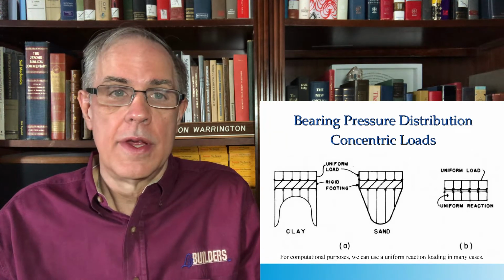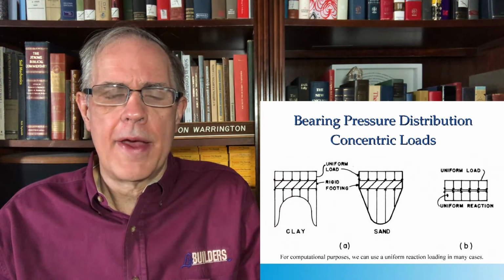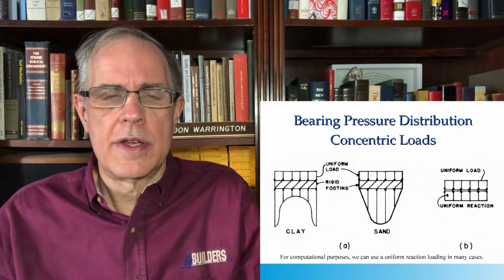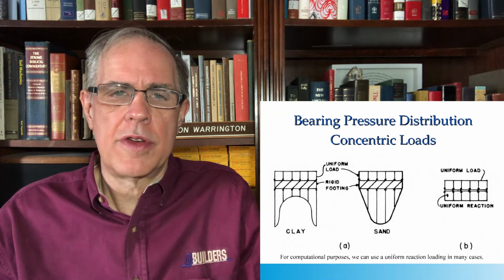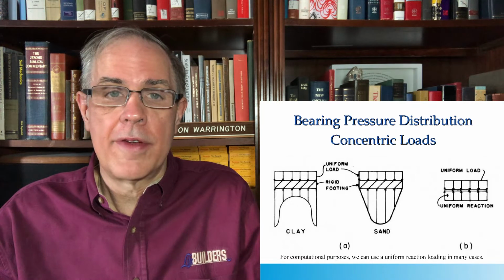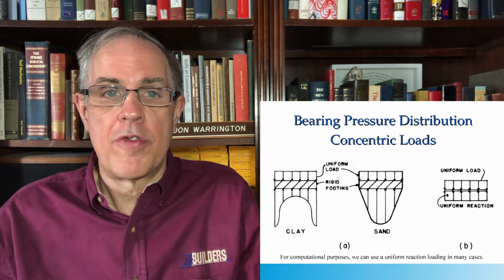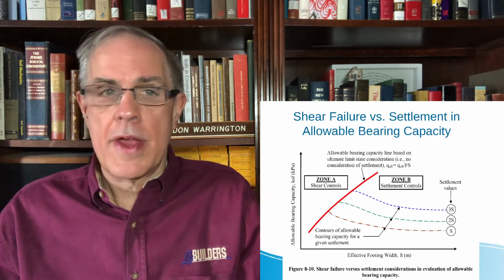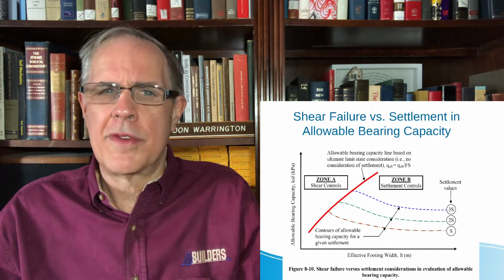That's the ideal case. And we talked a lot about that when we talked about Boussinesq solutions in soil mechanics. Many of those, particularly for strip foundations and rectangular or square foundations, are all based on a perfectly flexible foundation.